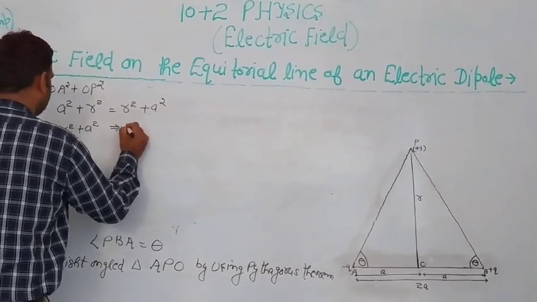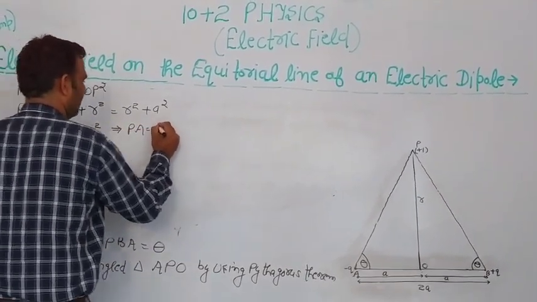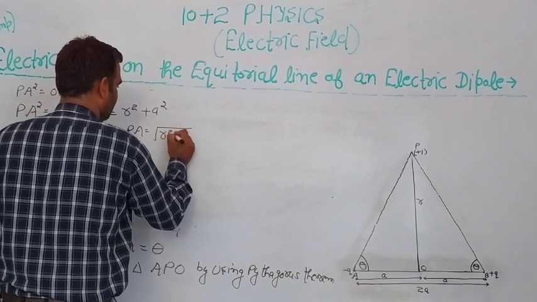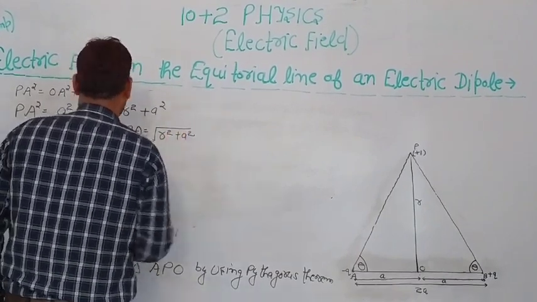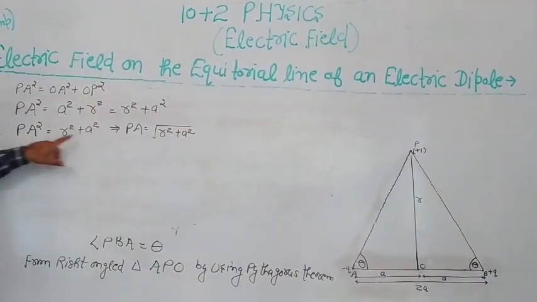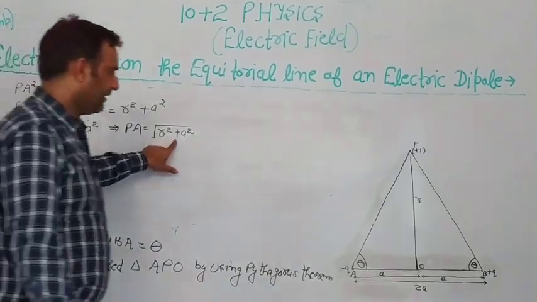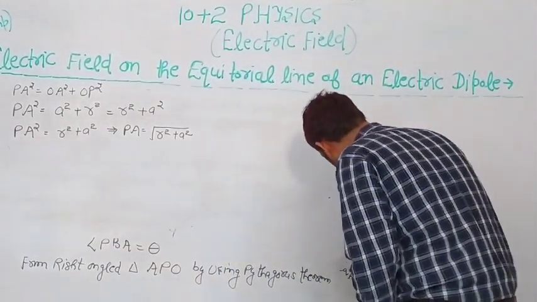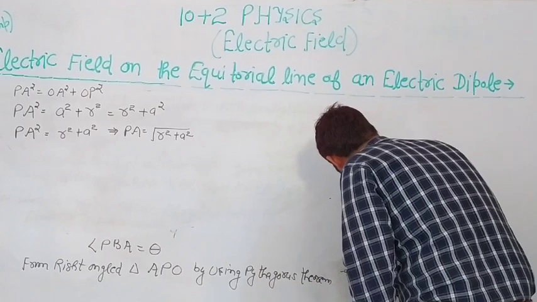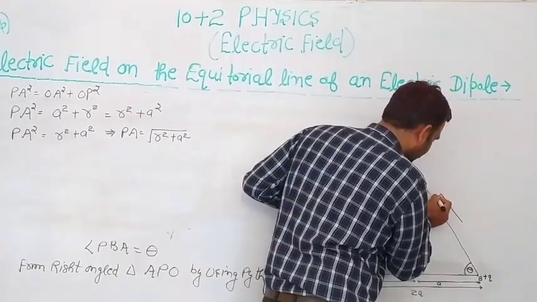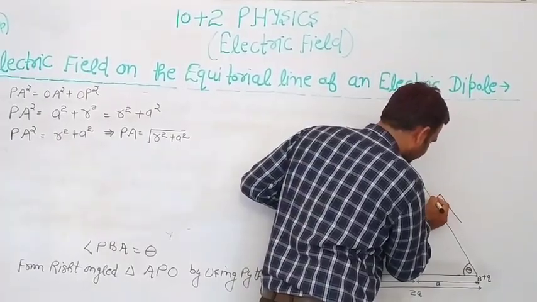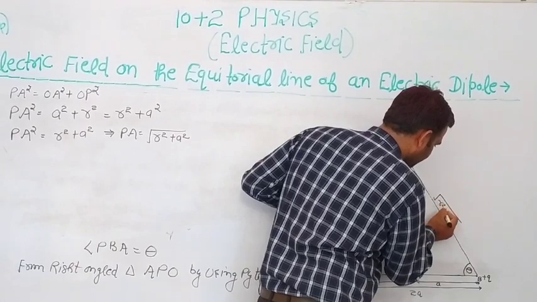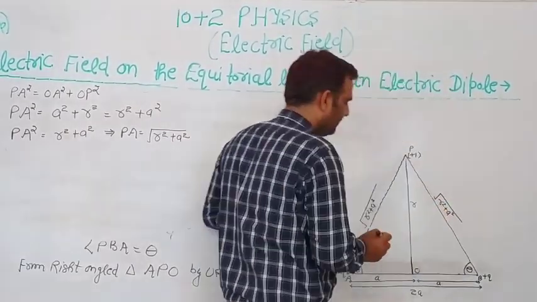This implies PA is equal to root of r square plus a square.